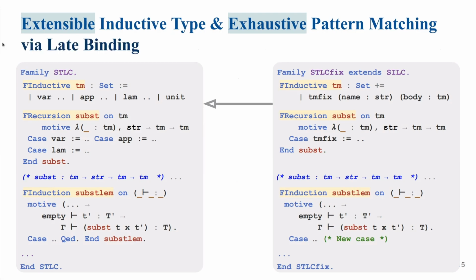The key idea is late binding. When we make the references to the FInductive Tm late bound, we also make the references to the recursive substitution function and the substitution lemma late bound. For example, the name Tm is late bound, and thus the substitution functions refer to the Tm in their own family.